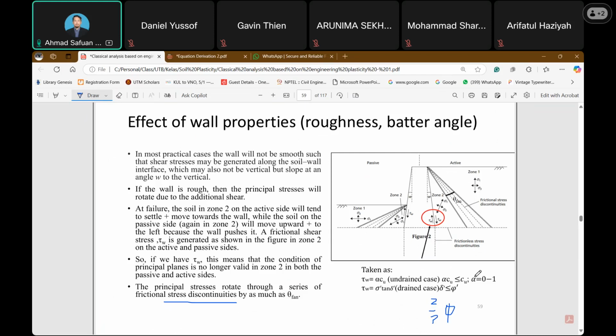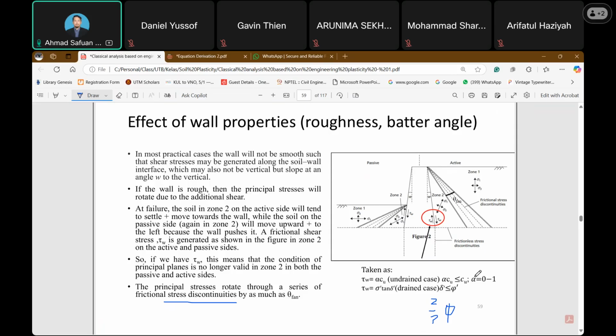So if we have tau w, it means the condition of the principal plane is no longer valid in zone 2, in both the passive and active sides. So in this case, we will have two more Mohr circles with different principal plane directions.